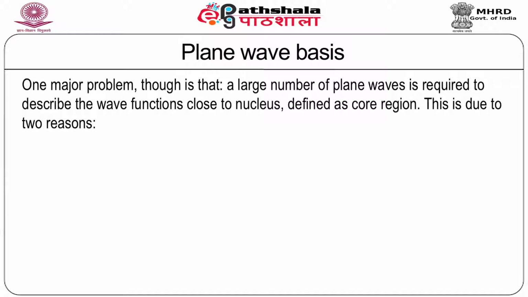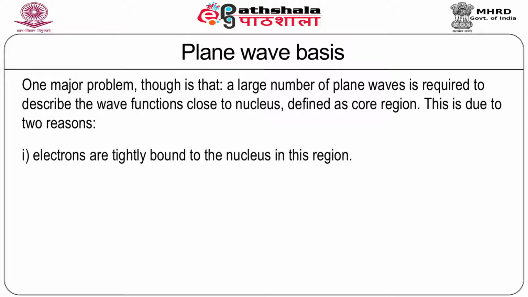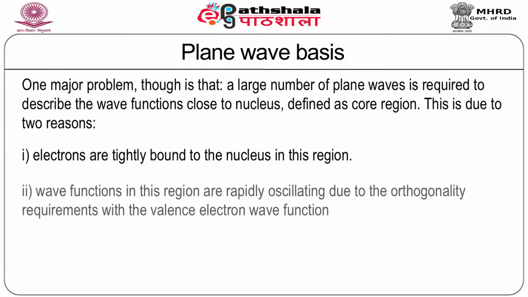One major problem, though, in the use of the plane wave basis set is that a large number of plane waves is required to describe the wave function close to the nucleus, which is defined as the core region. This is primarily due to two reasons. Firstly, electrons are tightly bound to the nucleus in this region. Secondly, wave functions in this region are rapidly oscillating due to the orthonormality requirement with the valence electron wave function.